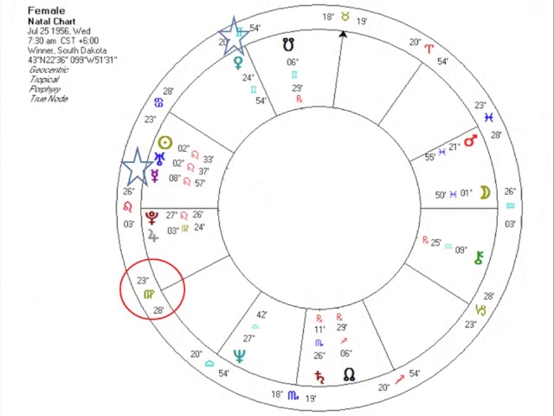It could also lead to deep inner searching of a spiritual, religious, or transcendent nature, which was described in those environmental conditionings, finding mother's metaphysical books and looking at that stuff from an early age. That ruler Mercury is in Leo, but it's in the 12th house.